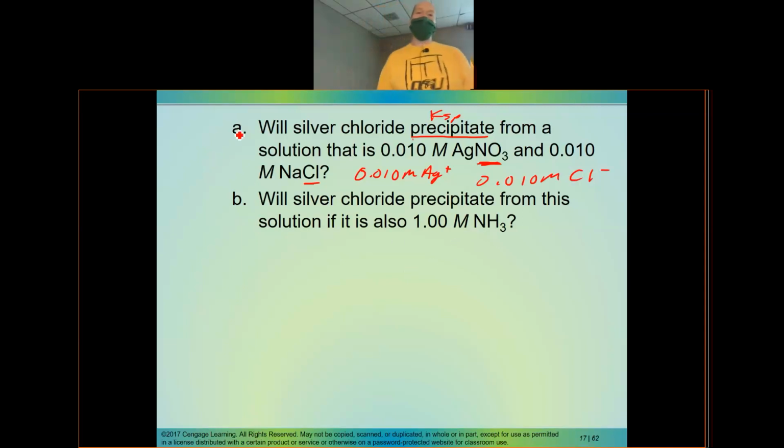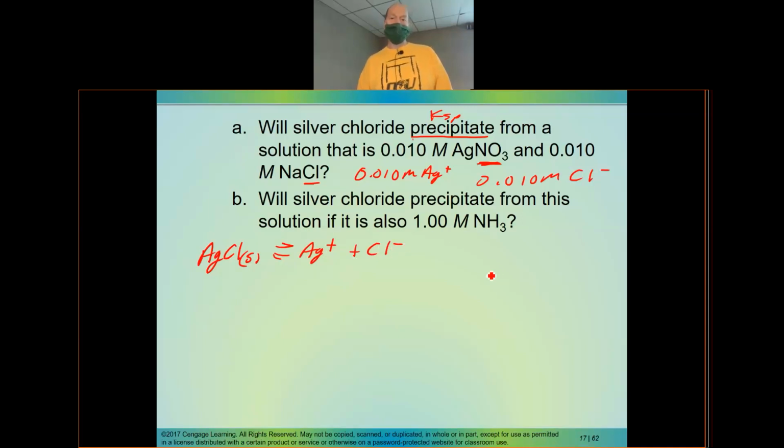All right, and so when it asks for silver chloride, we know that we need the concentration of silver and the concentration of the chloride. And so we write the KSP reaction. AgCl solid goes to Ag plus and Cl minus. When the question is, will you get a precipitate, you know that you're going to compare your KSP to your QSP.